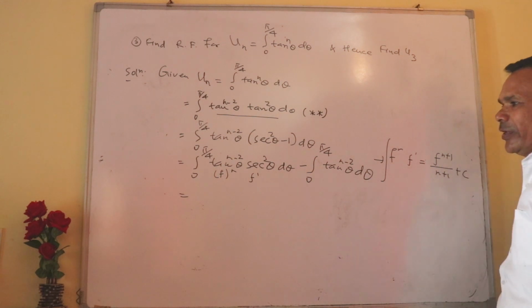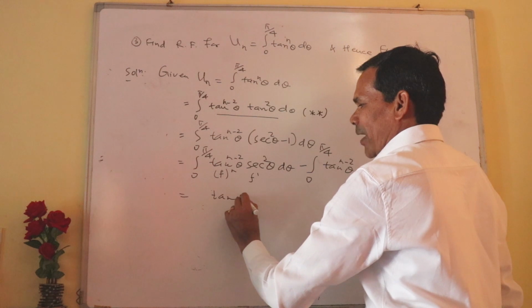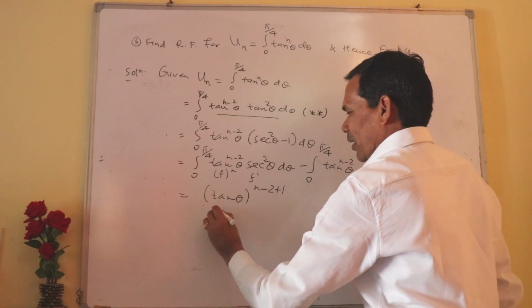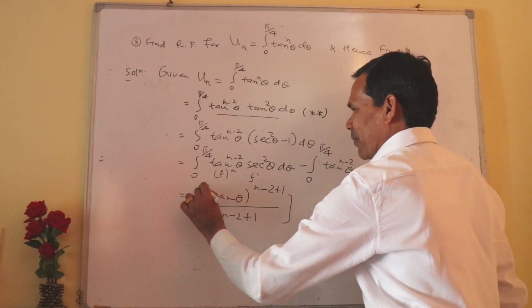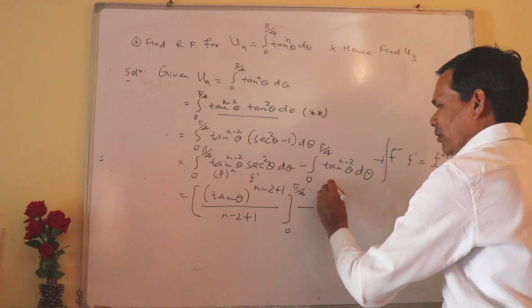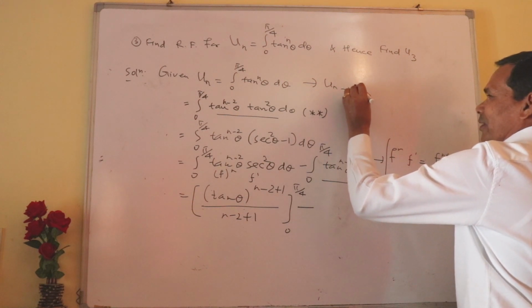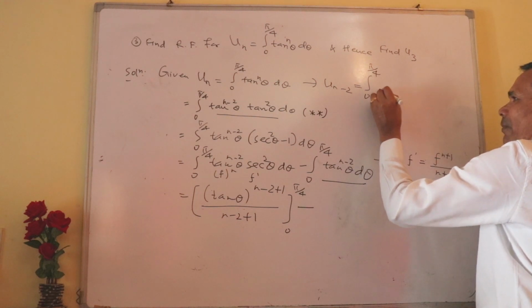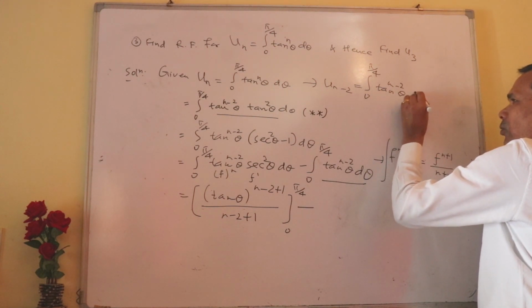So I will write down this as tan theta bracket raised to n minus 2 plus 1 upon n minus 2 plus 1 and limits applied 0 to pi by 4 minus, now I can write down this un, naturally n is replaced by n minus 2, so 0 to pi by 4 tan raised to n minus 2 theta into d theta.